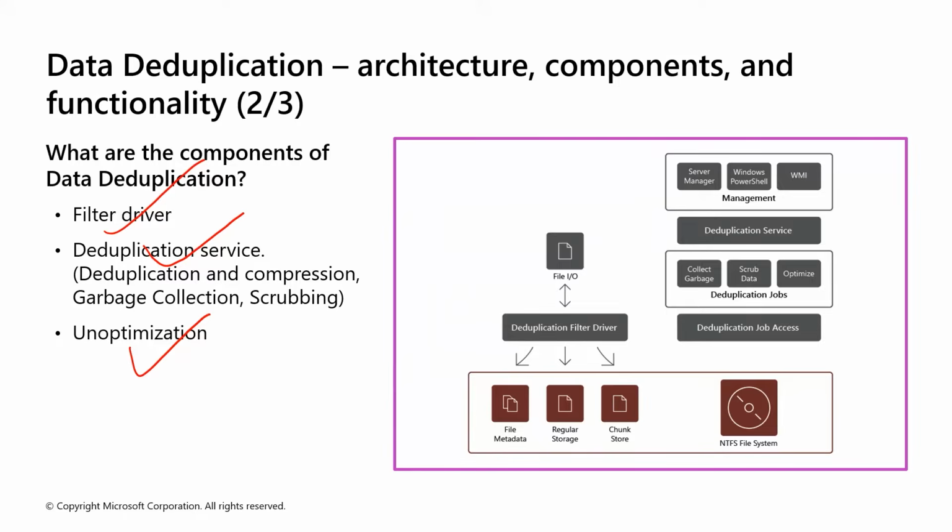It can reverse deduplication if needed. Garbage collection cleans up unused data, while scrubbing checks for data integrity and fixes issues automatically. These three components work together to ensure efficient and reliable storage optimization.